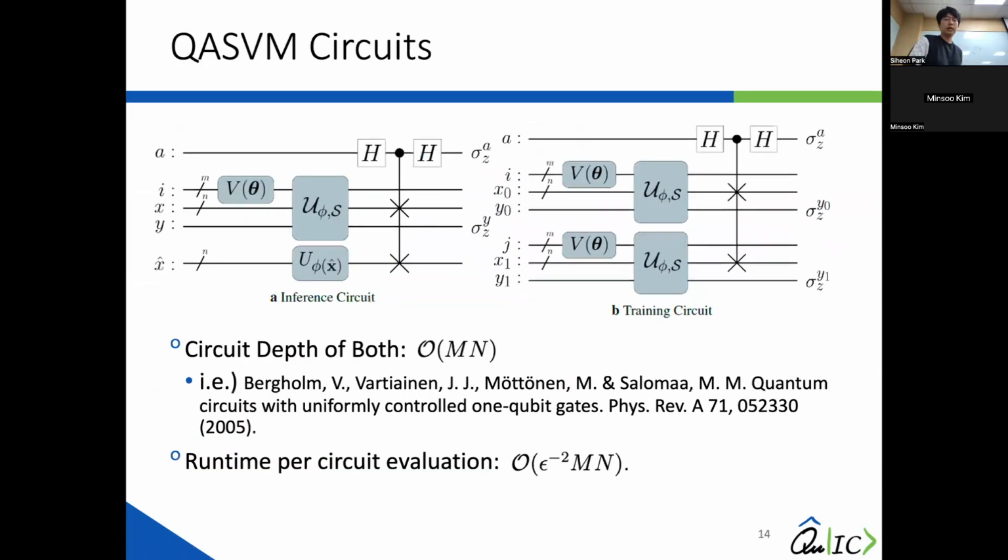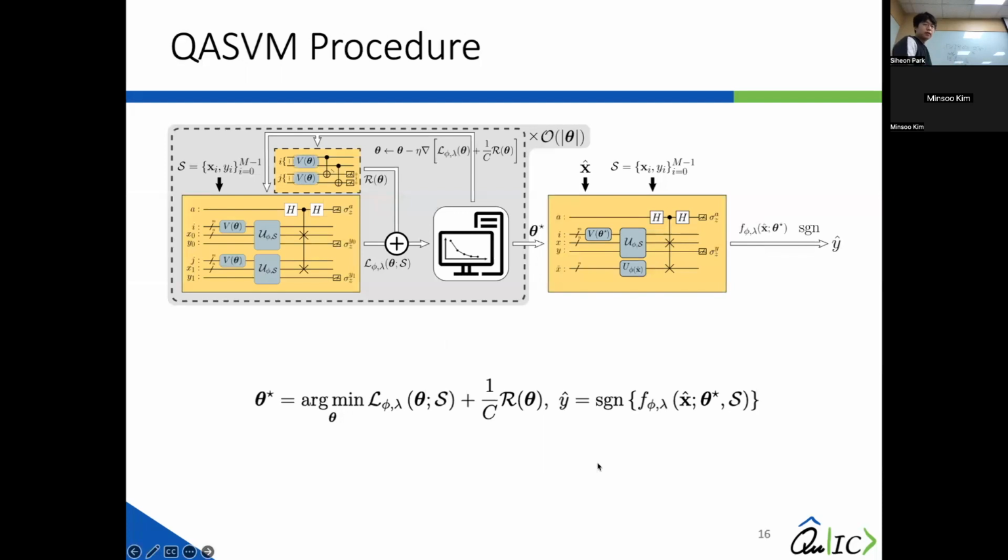Okay. I want to add some remarks on this part. The number of parameters would be something like polylog of m, like log m, something like 2, 3, 4, 7.